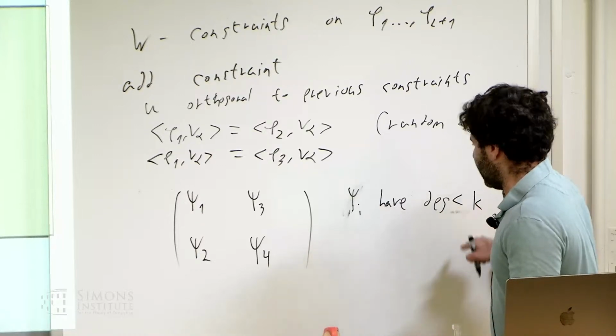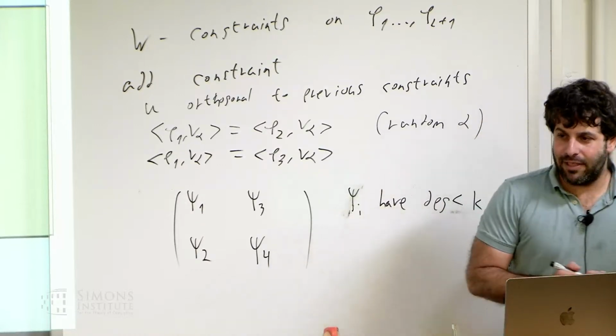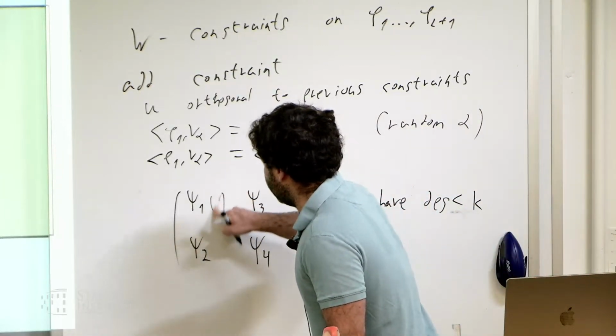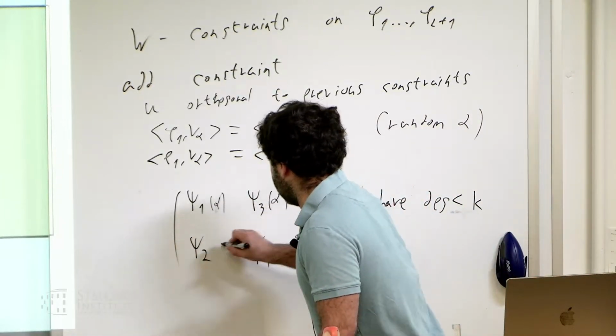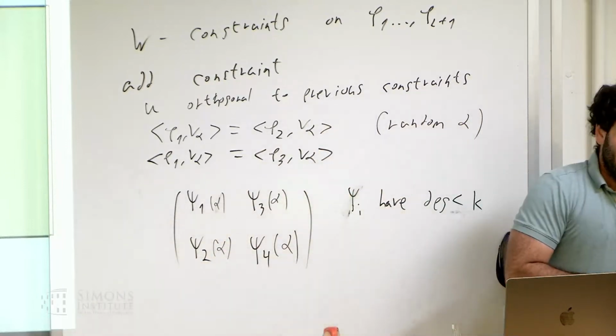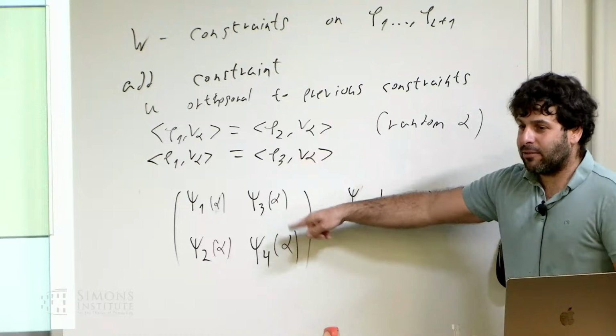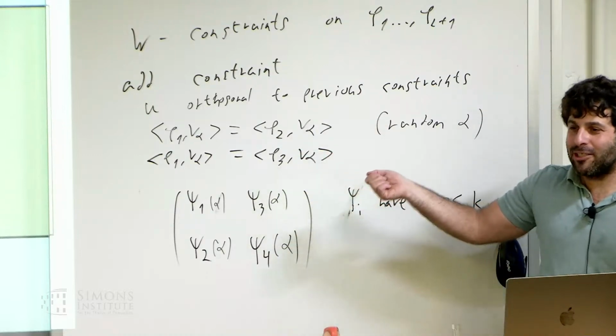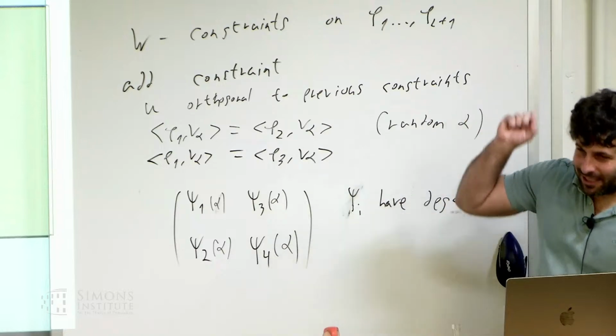So I have this matrix, and I'm going to apply all of these to some random alpha. And I want the determinant of this matrix to be non-zero. The case I showed you before is just the case of a 1 by 1 matrix, where I just want the entry to be non-zero.